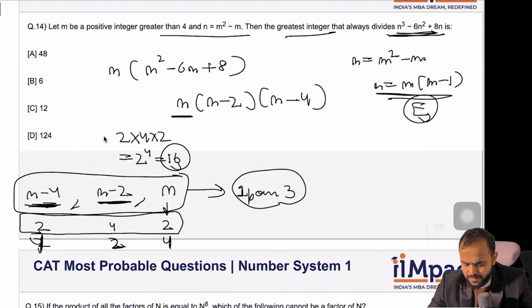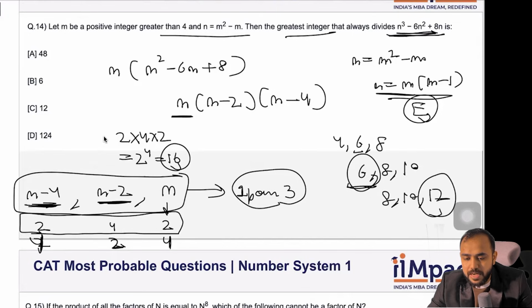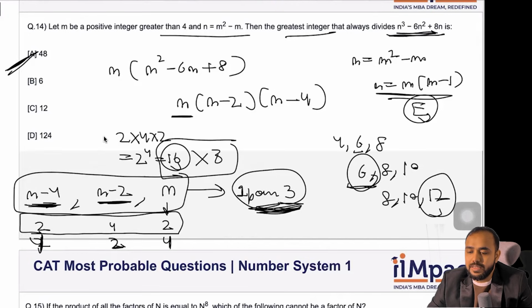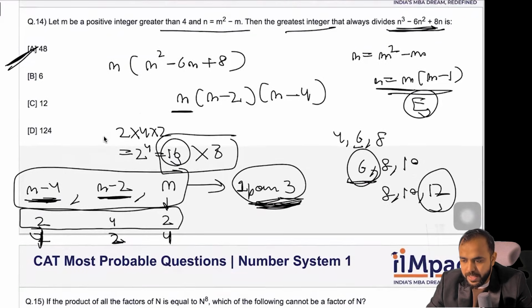You can look at this very carefully. 4, 6, 8: 6 is going to have 3. 6, 8, 10: 6 is going to have 3. 8, 10, 12: so 6 got eliminated, and the next number that got added here had a 3 in its prime factorization. So you will have at least one power of 3 as well. So 16 into 3, that is 48. These are assured regardless of what your number is. So the answer will be option A.